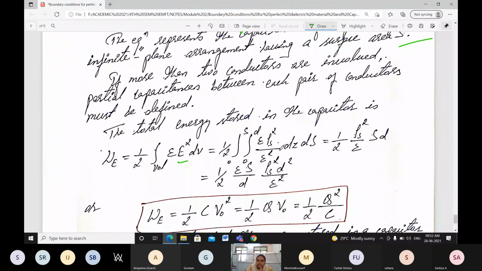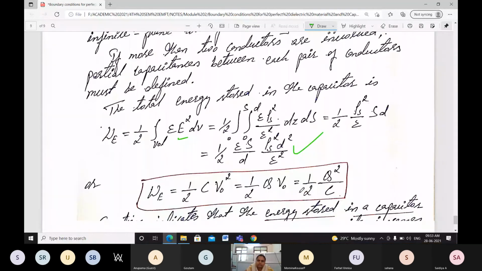The volume element changes with dz and dS, where the surface is 0 to S and dz, the separation between the conductors, is 0 to d. Solving, we get 1 by 2 rho s square divided by epsilon times S d, which I can write as 1 by 2 epsilon times S divided by d times rho s square d square divided by epsilon square.